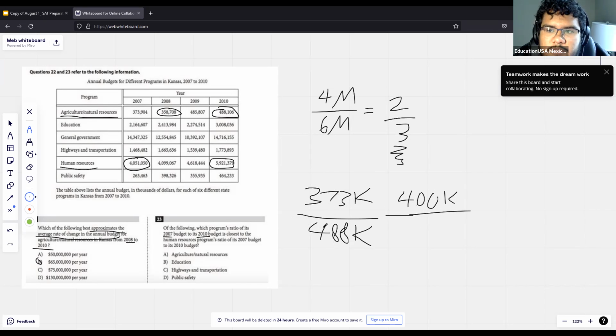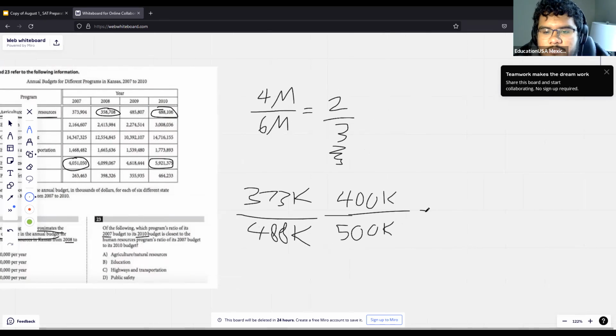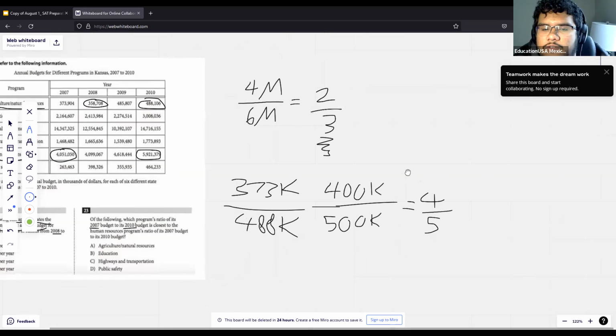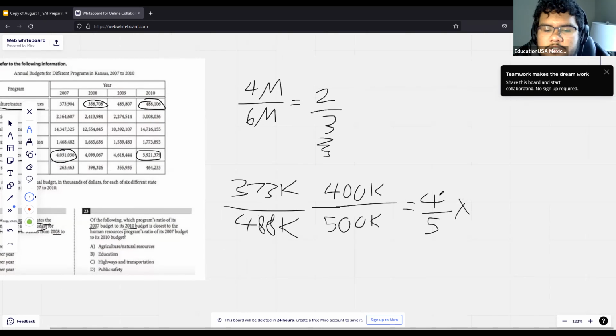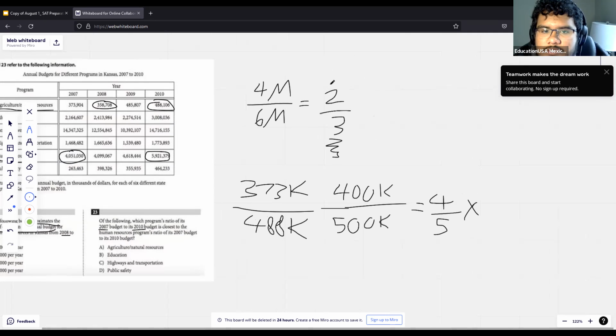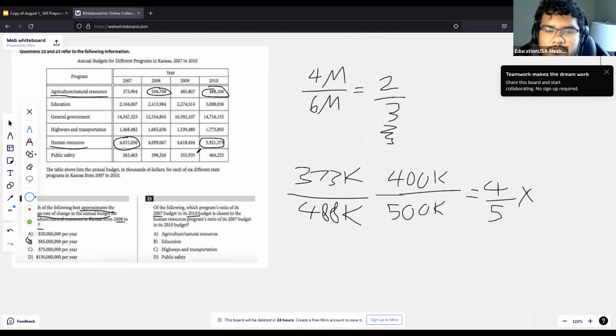This can also be rounded up to the next highest 1,000, so 500,000 here. And this ratio simplifies to about 4 over 5 almost. Or if you want to be more conservative and not round at all, you'd still get a ratio of about 3 over 4. So clearly that's not very close to this existing ratio. So let's look at the other answers.